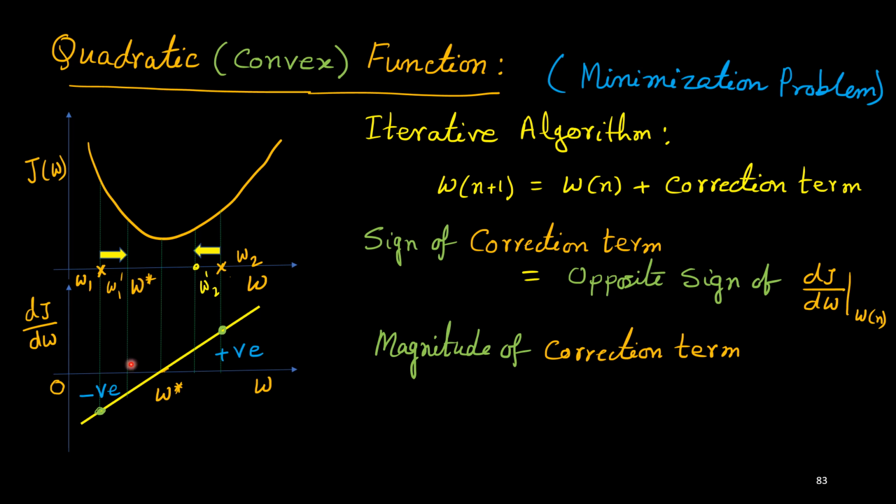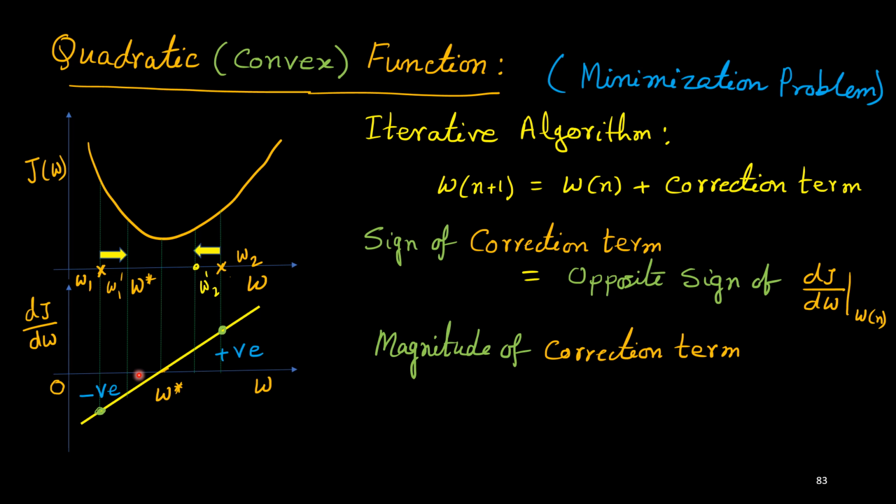So it looks like if we take the magnitude of this correction term directly proportional to the gradient magnitude, then we are done. At least we can make it proportional. We can take the square of this one, we can take the cube, it may work, you can check, but a simple proportionality will work nicely.